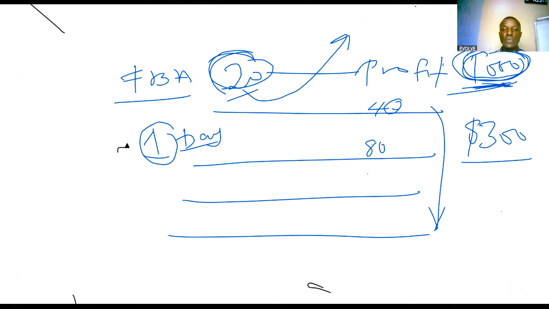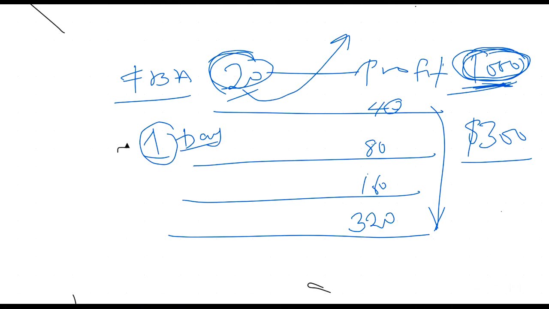The fifth one will cost us $320. So how much is this in total? Can someone add for us? This is what I would do if I were you trading this $1,000. How much is it?